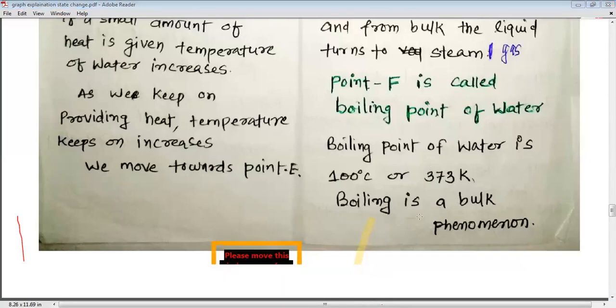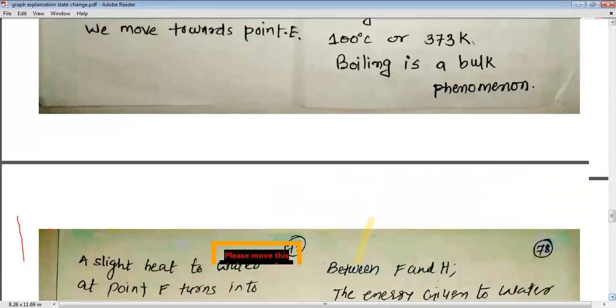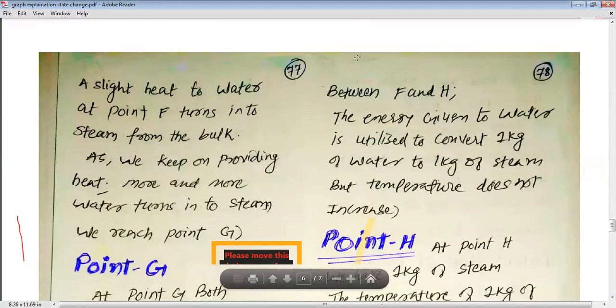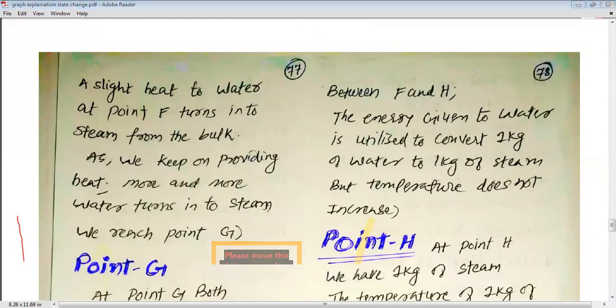Remember, my dear students, that boiling is a bulk phenomenon. At the time of boiling, the water present in the bulk is also converted into steam, and that is why it is not a surface phenomenon. During boiling, the water from the bulk is converted into steam.